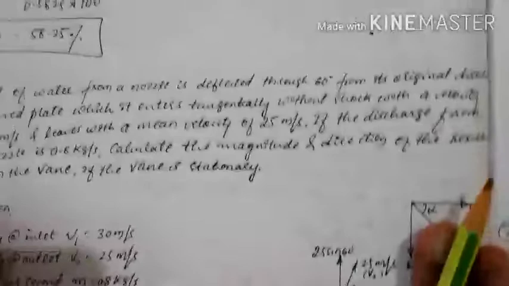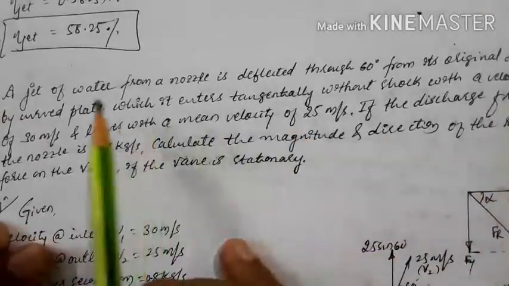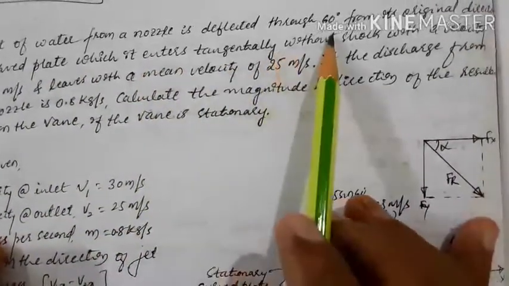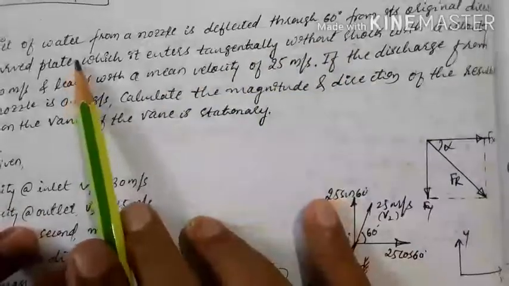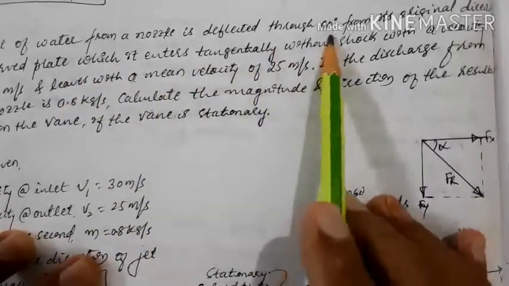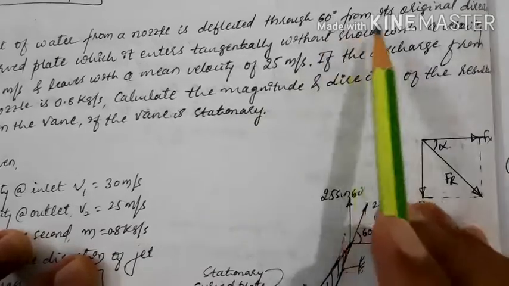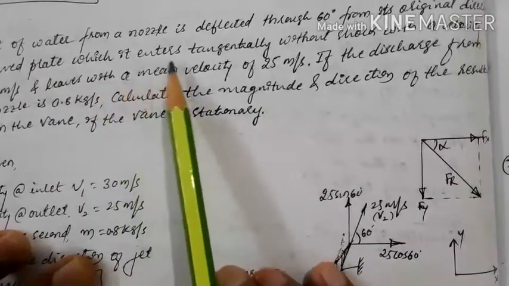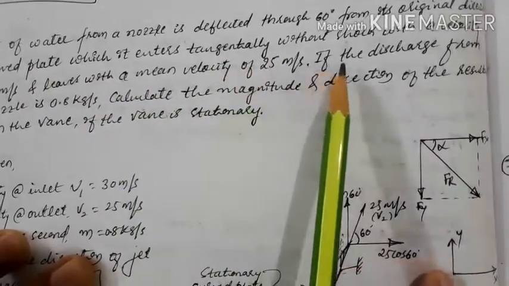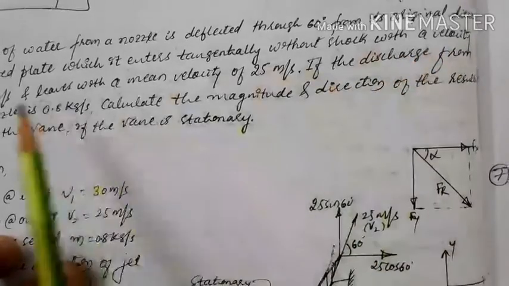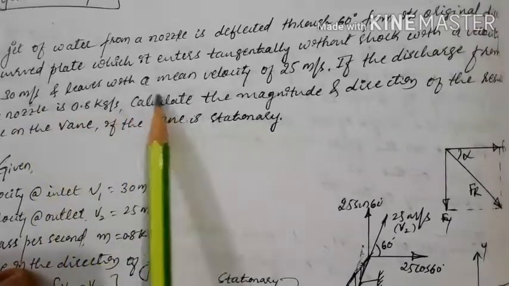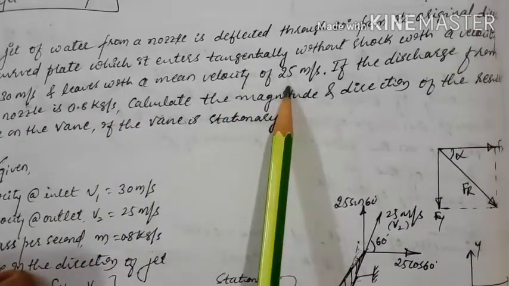Take the next problem. In this problem, it is given: a jet of water from a nozzle is deflected through 60 degree from its original direction by a curved plate, which it enters tangentially without shock with a velocity of 30 meter per second, and leaves with a mean velocity of 25 meter per second.